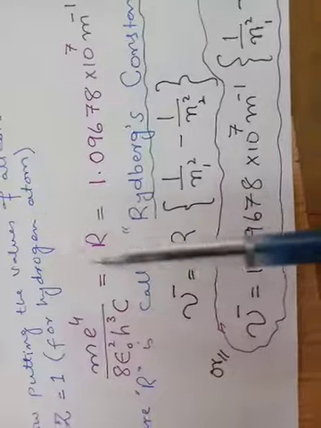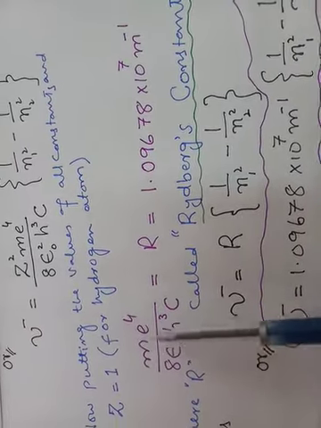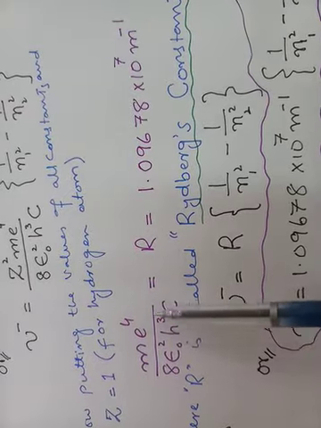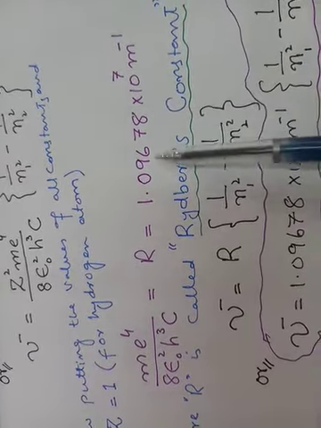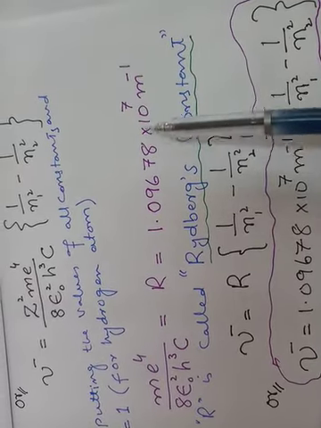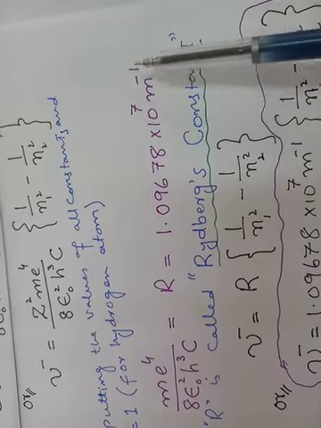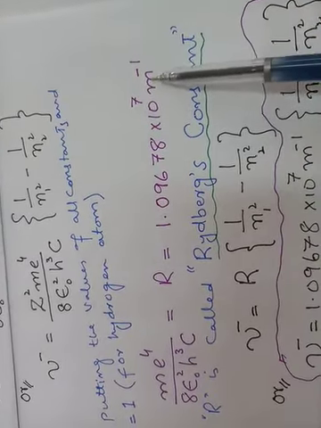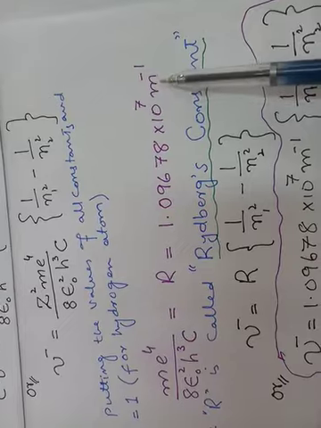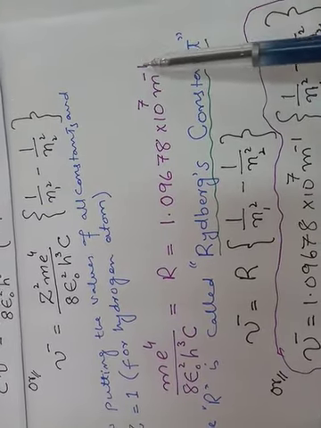By calculation, if you put the values of all these constants, we get this value, which is equal to 1.09678 into 10 to the power 7 meter inverse. Meter inverse is the unit for wave number. The unit for wave number may be meter inverse or centimeter inverse.